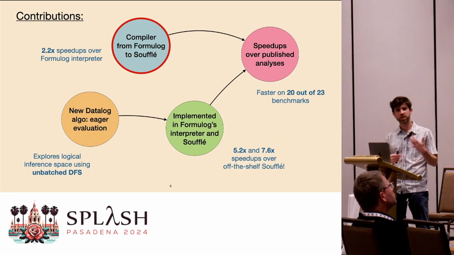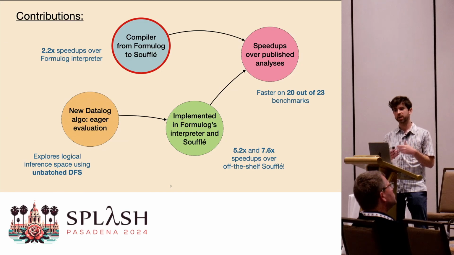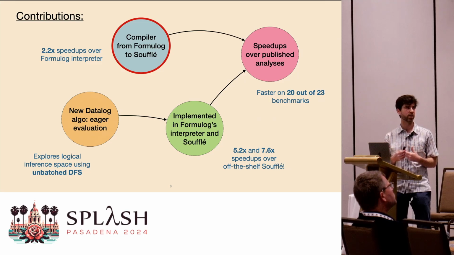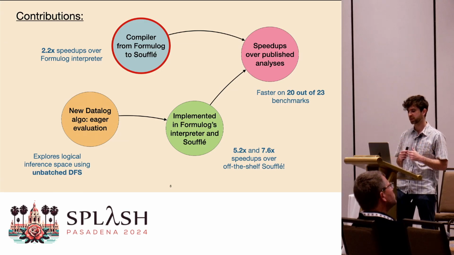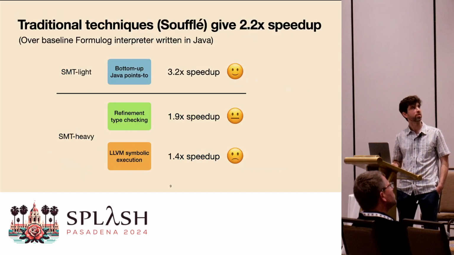So the first thing we did is we developed this compiler from Formulog to Soufflé. So Soufflé is a high-performance Datalog system, and by compiling to Soufflé, we're able to take advantage of the traditional techniques for making Datalog fast. Soufflé really embodies those techniques. How well does that work for Formulog?